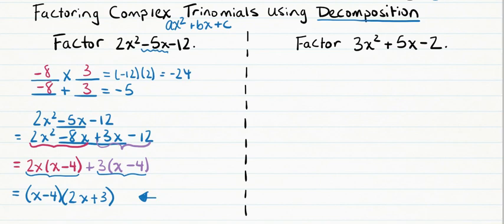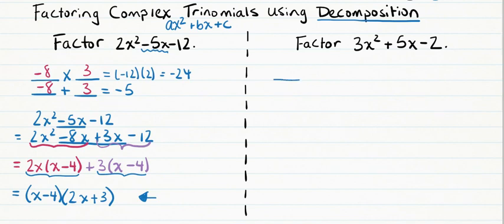Okay, perhaps you might want to pause the video at this point and try this factoring question, and join me back here for the solution. Okay, so we are going to use the same method of decomposition.